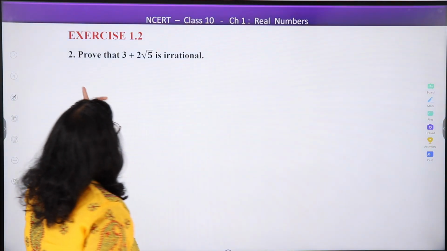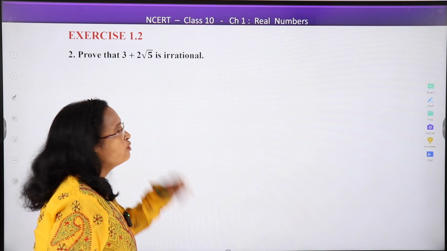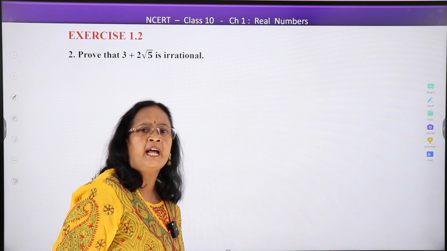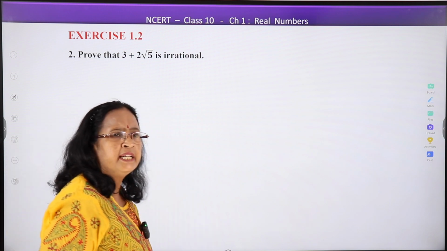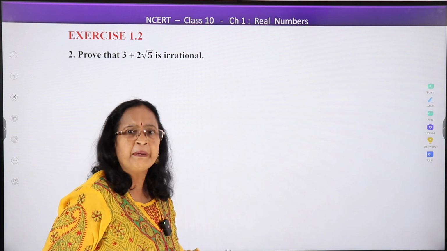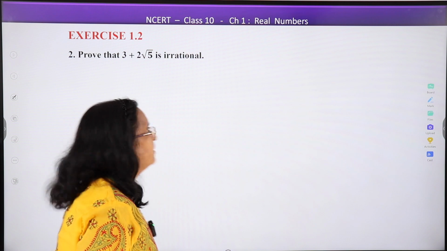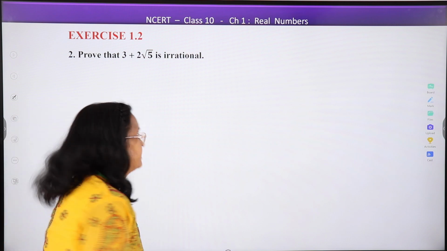Now we come to the second question. Prove that 3 plus 2 root 5 is an irrational number. Just as we did in the examples, exactly we will do, but you will be prompting. What is the first step, students? Correct.